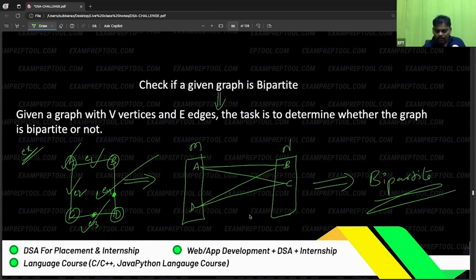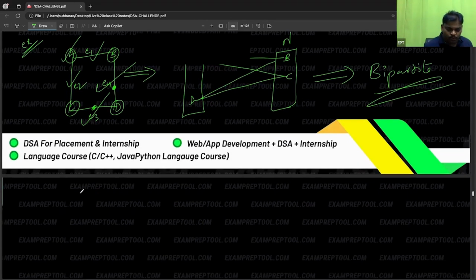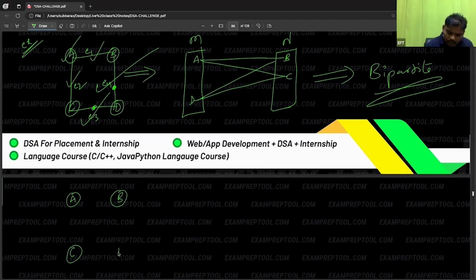Now, if anyone has even a little doubt, let's take one more example: A, B, C, D. Let us assume that I kept one more edge like this.